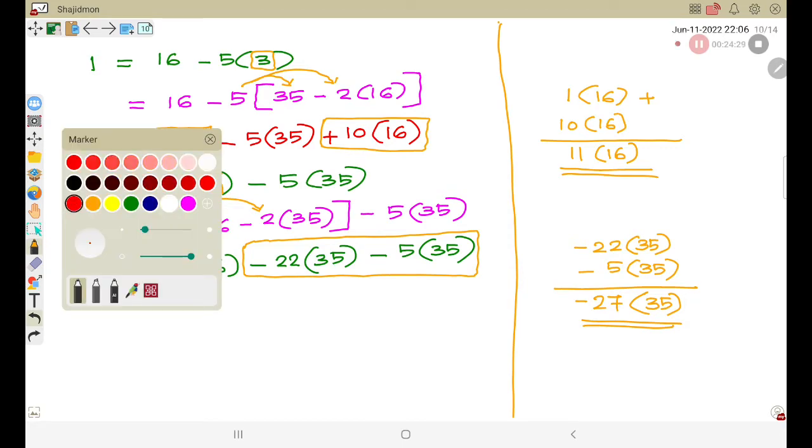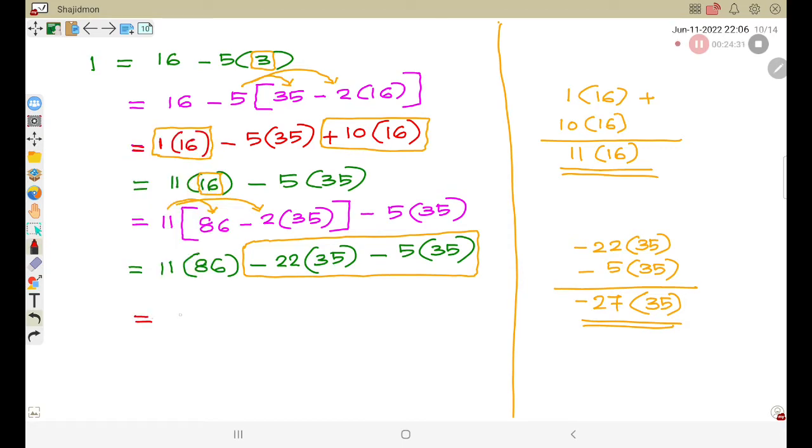So what we get is equals 11 multiply 86, that is the same, minus 27 times 35.